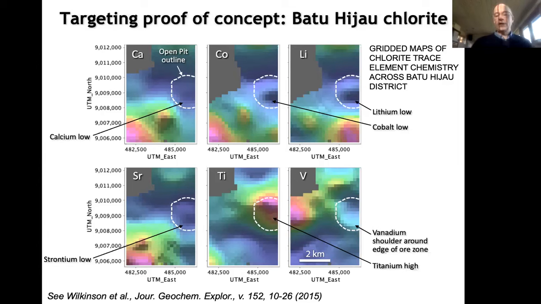Manganese and zinc you do. Where you see a halo of manganese and zinc enrichment around a porphyry system, which you often see maybe 1.5 kilometers out, as I illustrated in some of those maps earlier in the talk, that metal dispersion you will see in whole rock, and it maps onto where you see the enrichment of those elements in the chlorite mineral chemistry. But it's much more systematic in the chlorite.